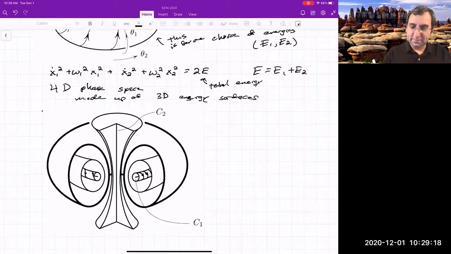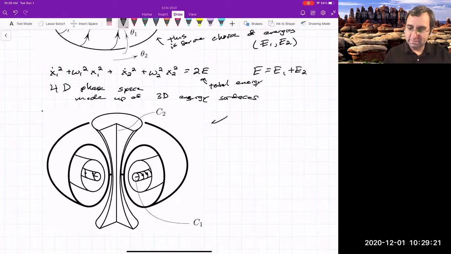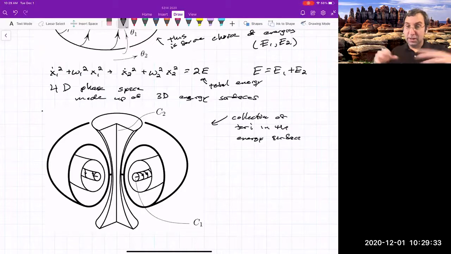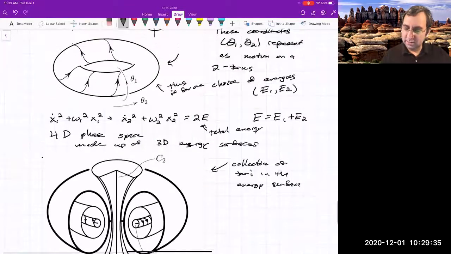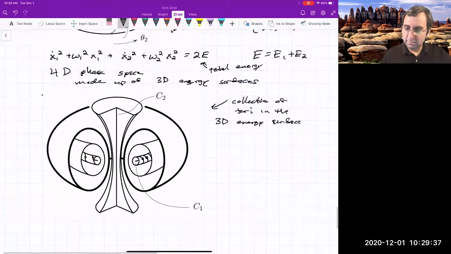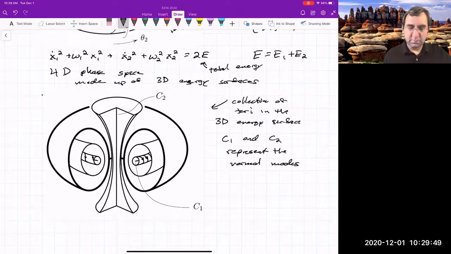So this is a collection of tori in the energy surface. All right, this is a 3-dimensional, 3D energy surface. And then C1 and C2 represent the normal modes, the first and the second mode, respectively.